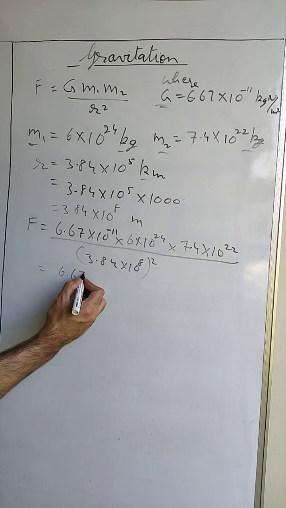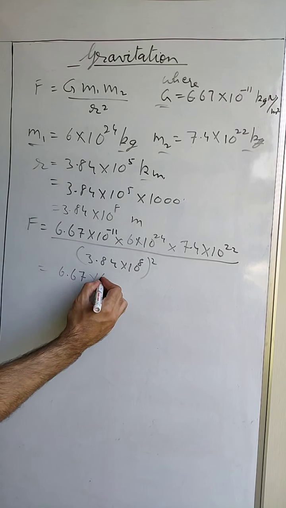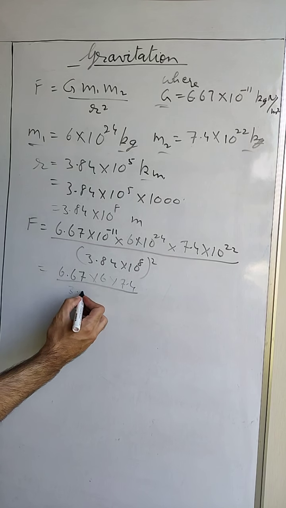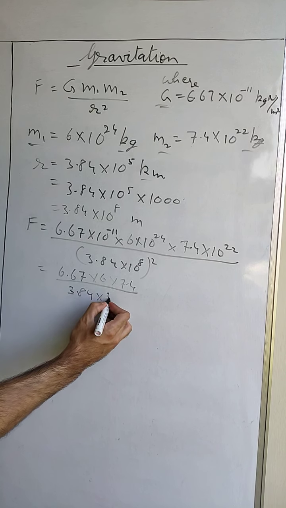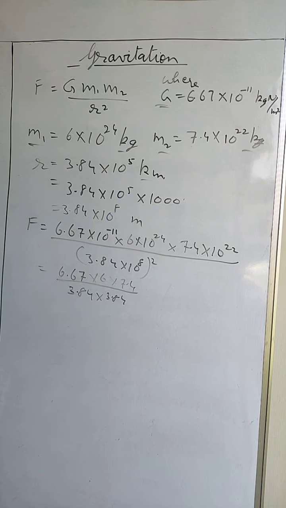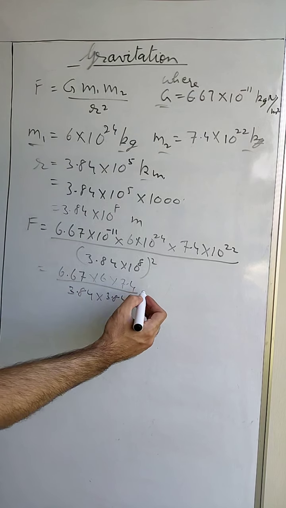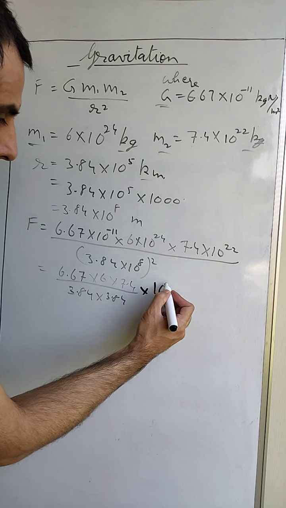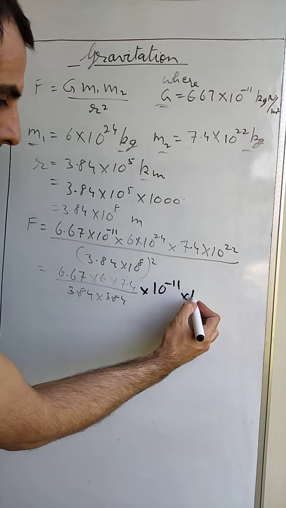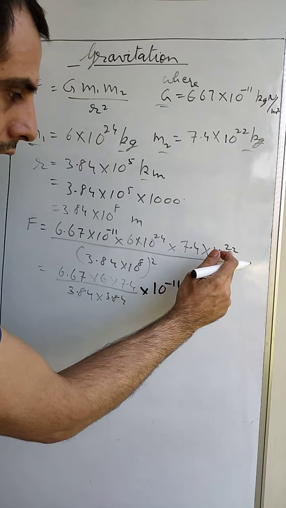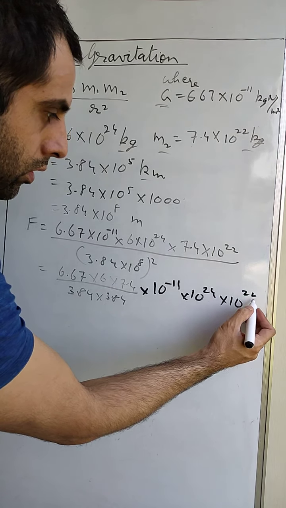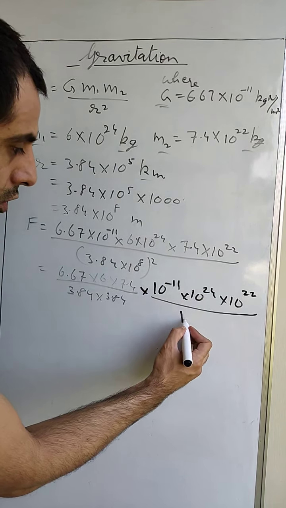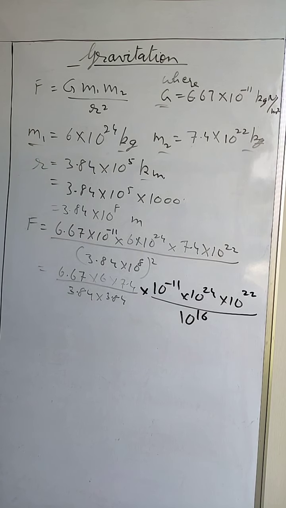So we bring all the numbers here, 6.67 into 6 into 7.4 divided by 3.84 into 3.84, and all the powers of 10 on the other side. So 10 to power minus 11 into 10 to power 24 into 10 to power 22 divided by 10 to power 8 square, so it will be 10 to power 16.